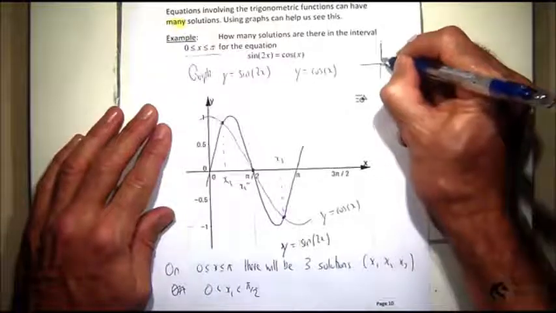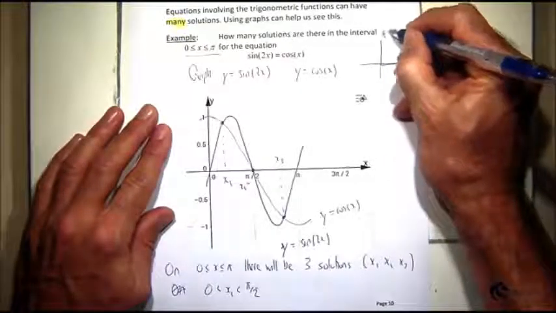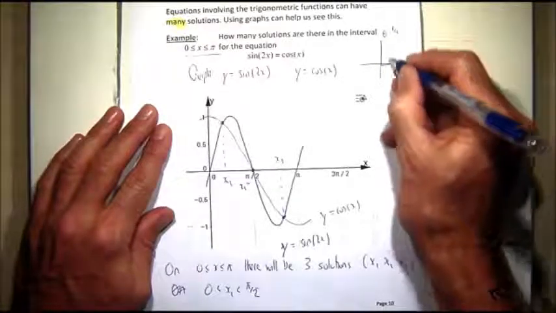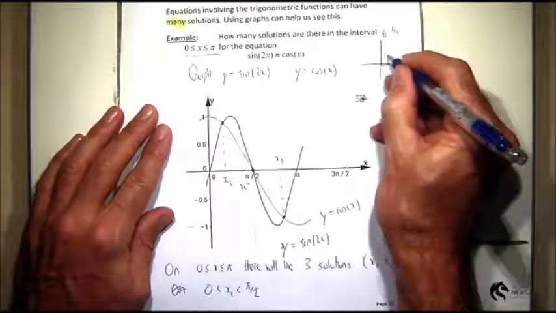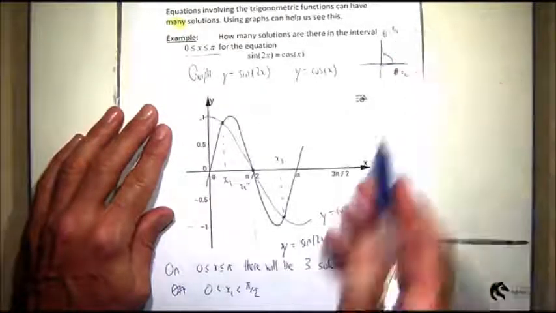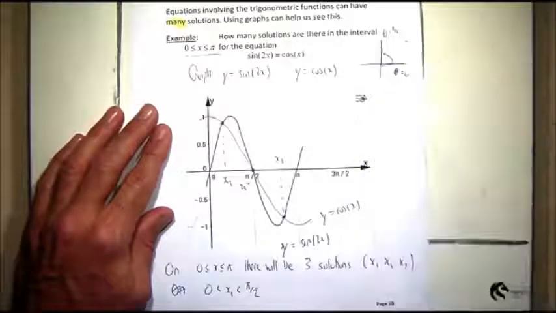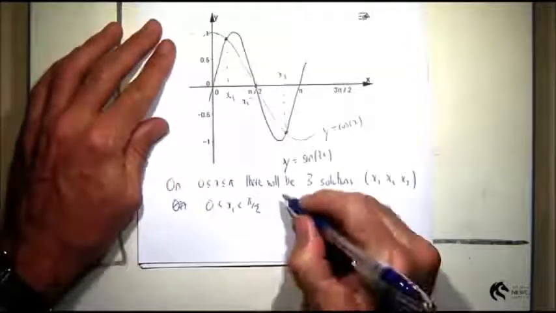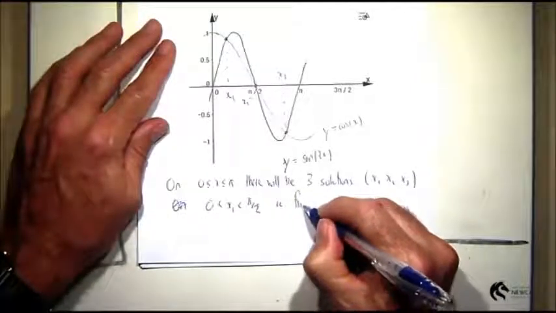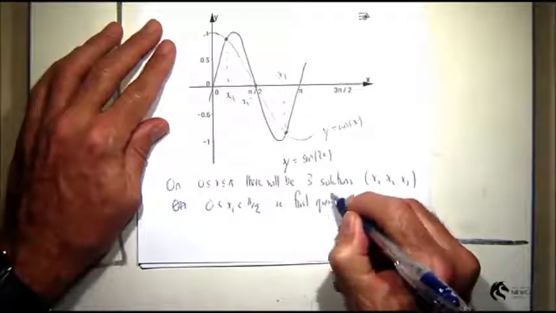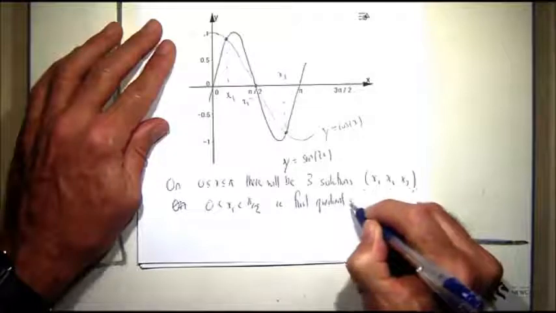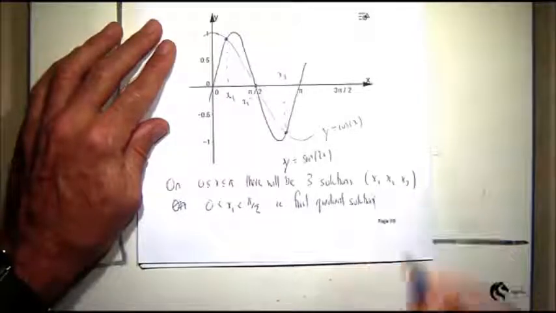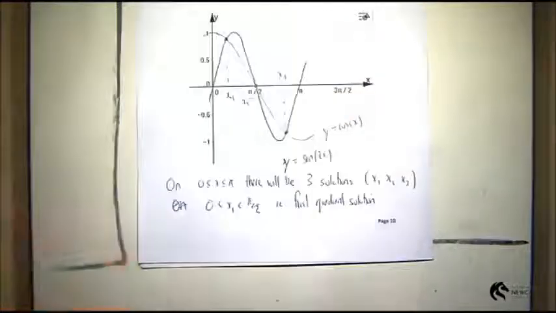Theta equal to 90 degrees is up here, so that's theta equal to pi on 2 up there. Anywhere between 0 and pi on 2 is an angle that puts our point in the first quadrant. So we would say, i.e., a first quadrant solution. There's an angle in the first quadrant that makes that equation true.